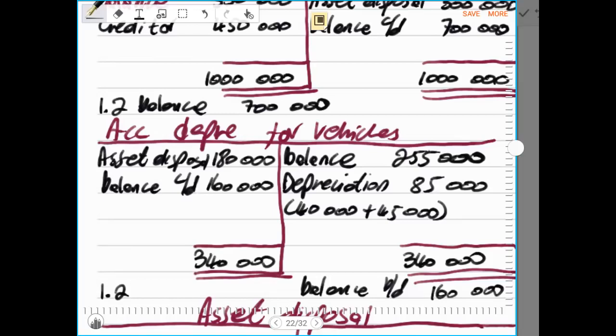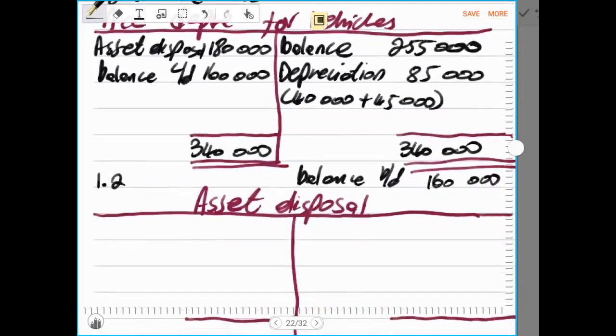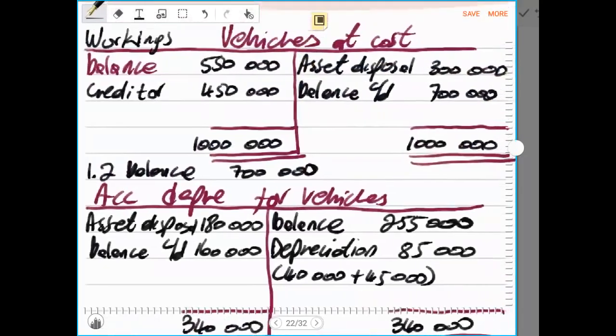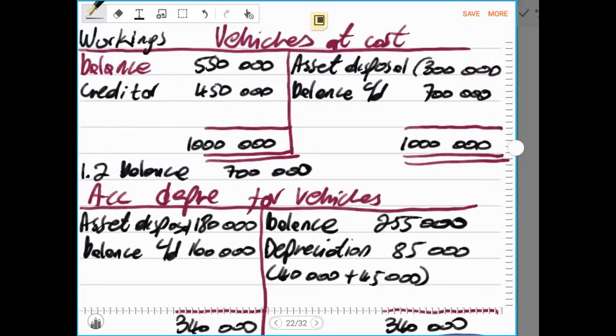Therefore, now we can continue to do the asset disposal for this asset that was disposed, motor vehicle B. Then we scroll down. Remember, on the debit side of the asset disposal, you record the cost of the asset that was sold, and the asset that was sold is motor vehicle B, and the cost of that is 300,000 rands.